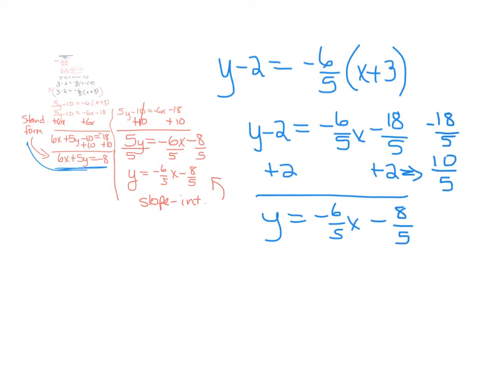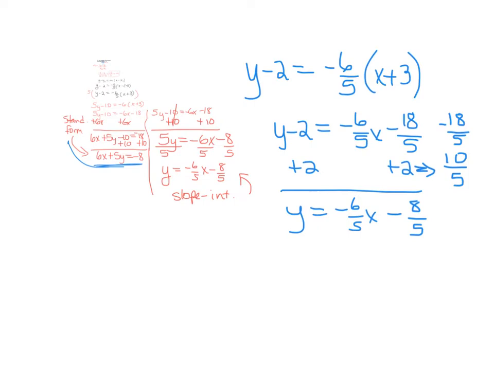So you're still going to get the same answer, especially if you're going to put it in slope-intercept form. You're going to have to find a common denominator at some point anyways. And then standard form, you can't have fractions, so you'd have to clear it anyways. So sometimes it's easier to multiply by the common denominator first. But again, if you're comfortable with working with fractions like this, you can do it. You will still get the exact same answer.